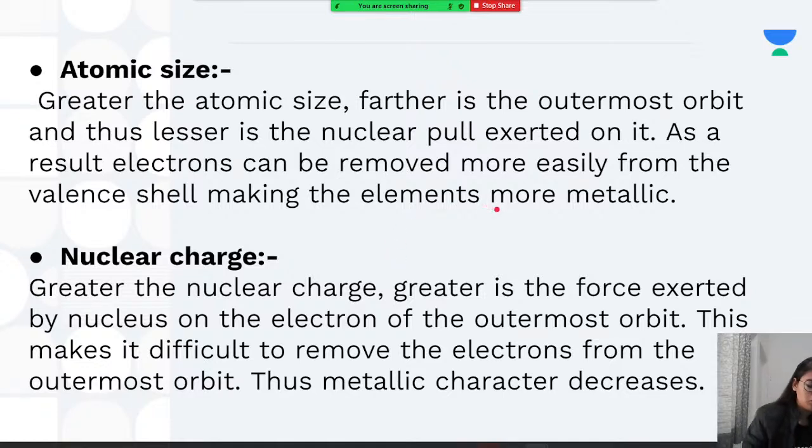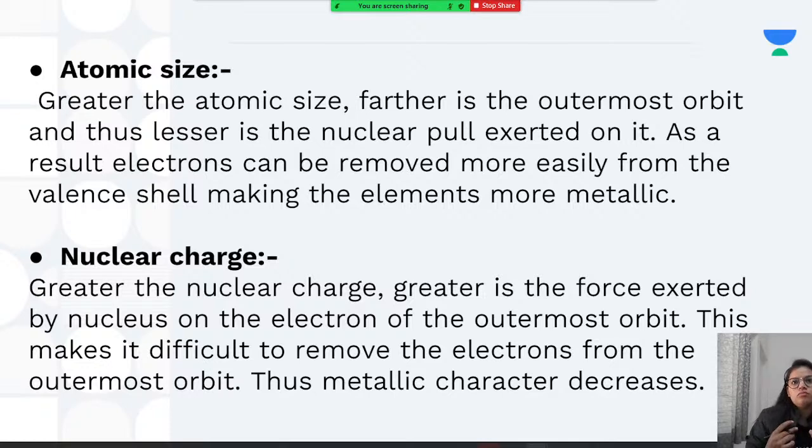Next, talking about the nuclear charge. Now what happens with nuclear charge? Greater the nuclear charge, greater is the force exerted by the nucleus on the electrons of the outermost orbit. So this makes it difficult to remove the electrons from the outermost orbit, and thus metallic character decreases.